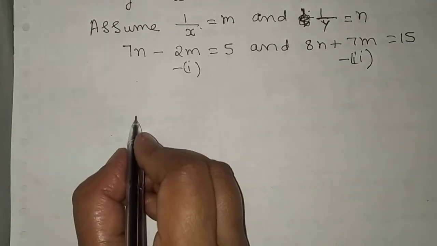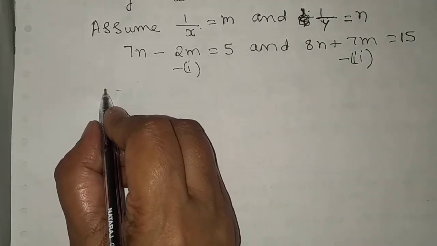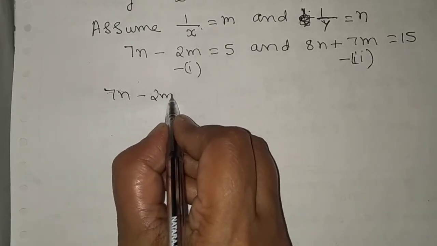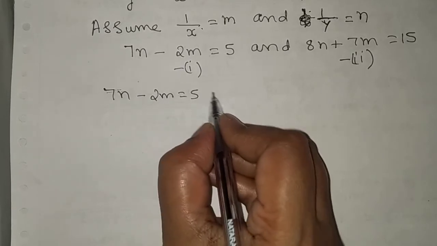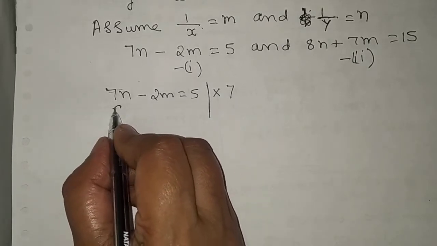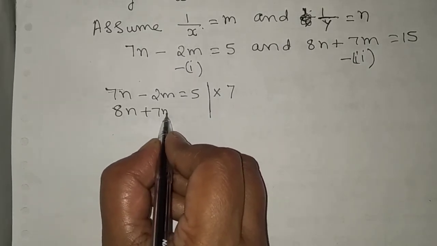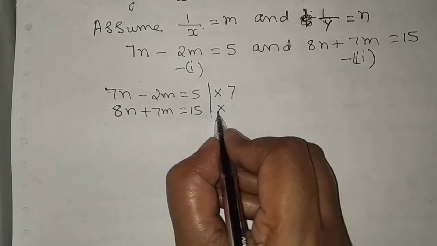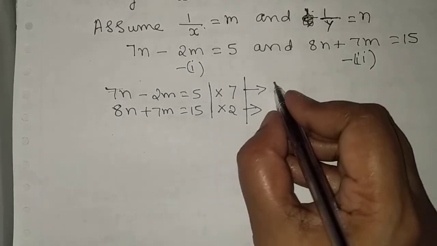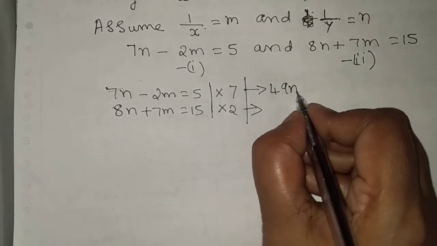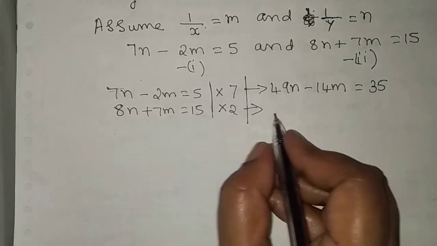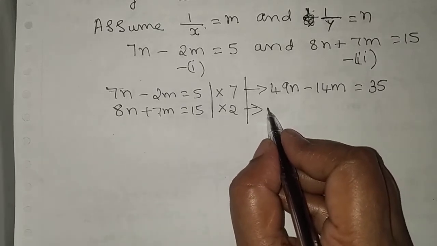Now what happens? We have to multiply this equation, that is 7n minus 2m equal to 5, into 7. Next is 8n plus 7m is equal to 15, into how much? That is 2. After multiplying, what we get is 49n minus 14m is equal to 35. Multiply the second equation by 2, then we get how much?